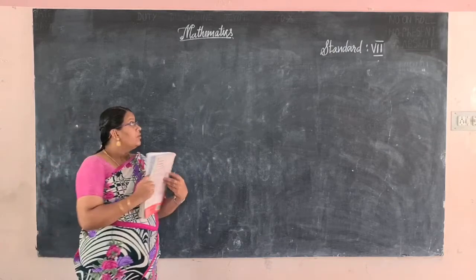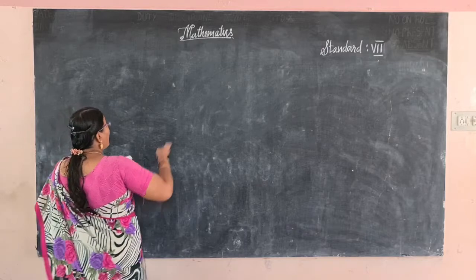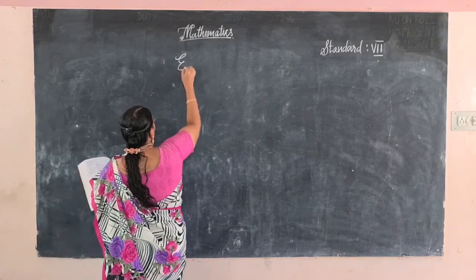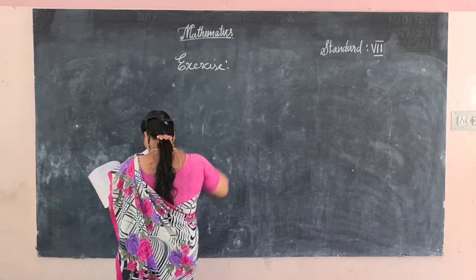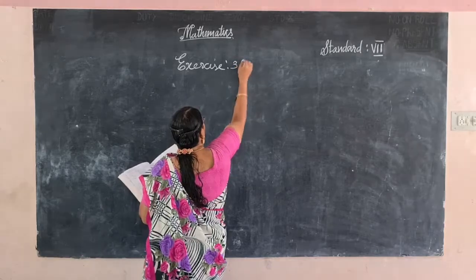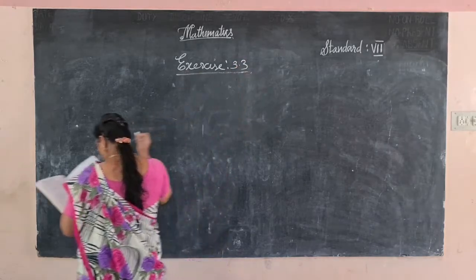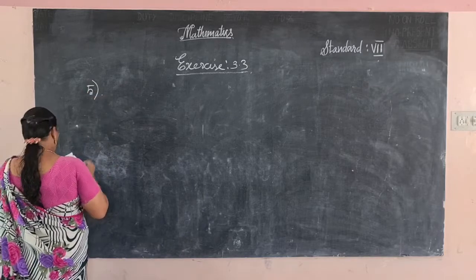Now we are going to learn about the exercise problems. We have already completed the first 4 problems in exercise 3.3. Now move to the next problem, the fifth one.